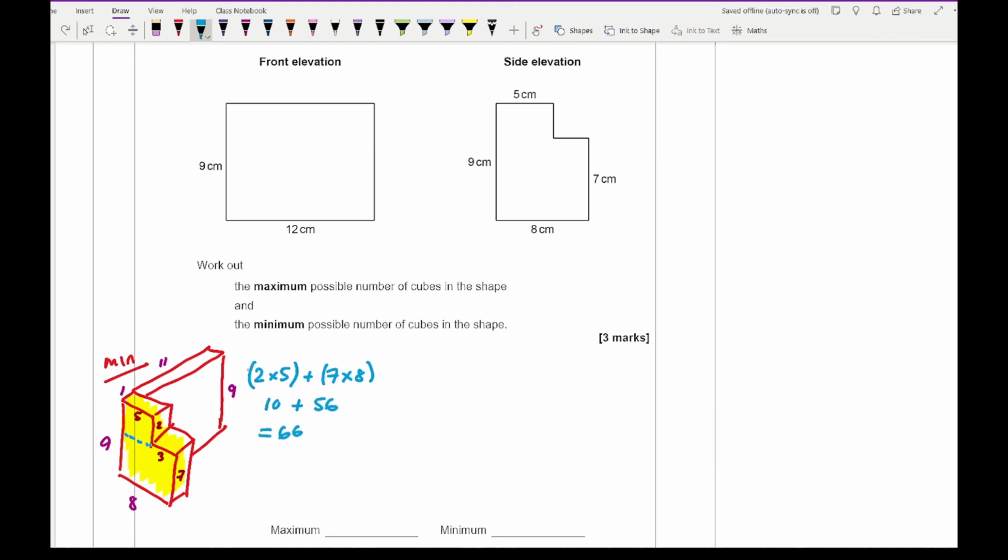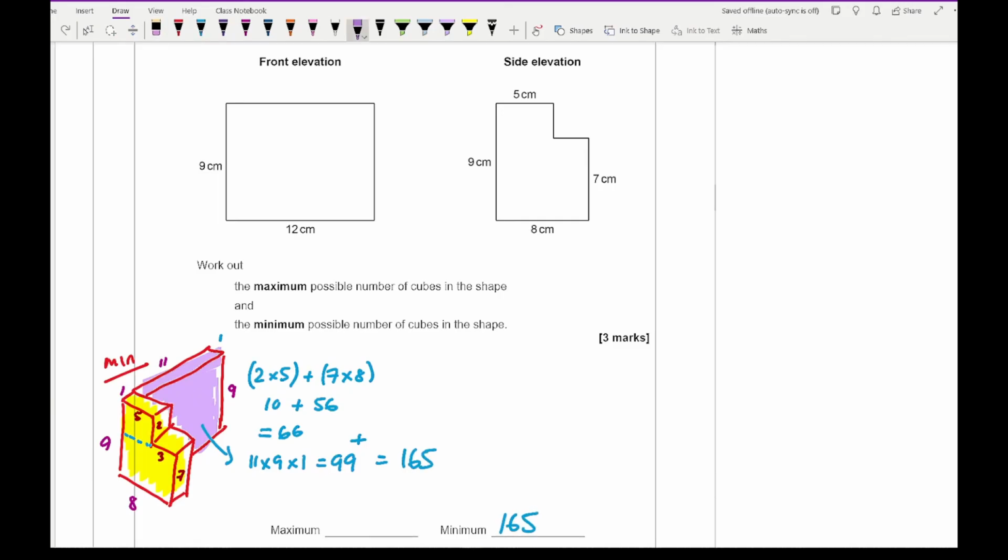And then this wall here, which is 11 by 9 by 1, is 11 times 9 times 1, which is 99. Adding those two numbers together, I get a minimum value of 165.